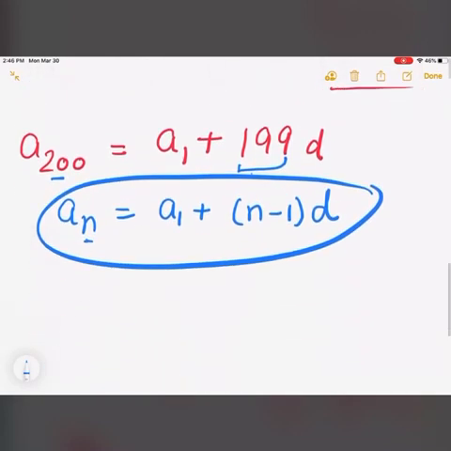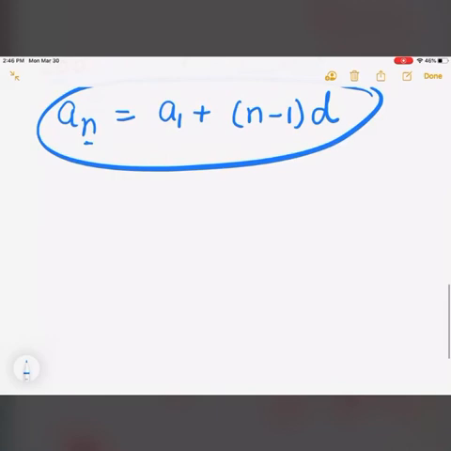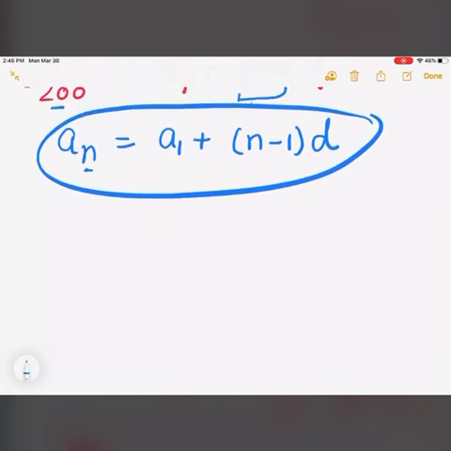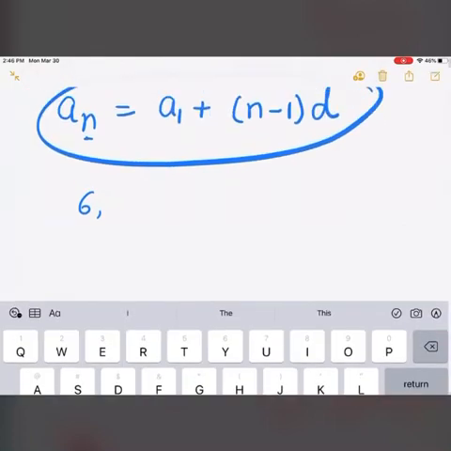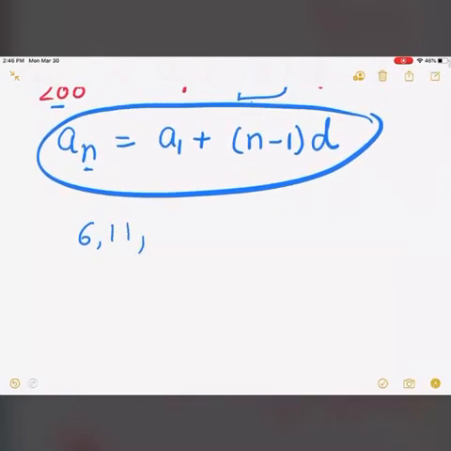Now let me use a different example, and then we'll solve for the term. Let's say I have a sequence, which is 6, then 11, then 16, then 21, and so on. My question to you is to find the 165th term.